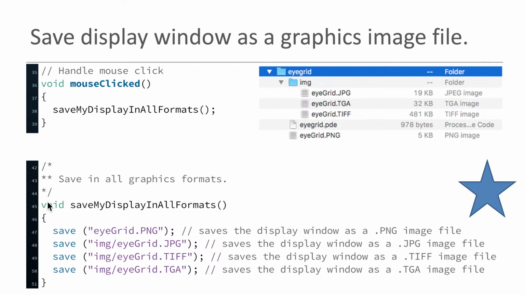I've commented here using multi-line comments. So graphics file formats, common ones are PNG and JPEG, which you'll see a lot in web development. But you'll also come across TIFFs and Targa files, TGAs. These are much larger files. These are older file formats that would have been used on computer systems in years gone by.